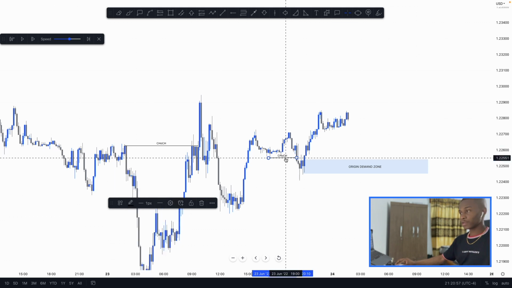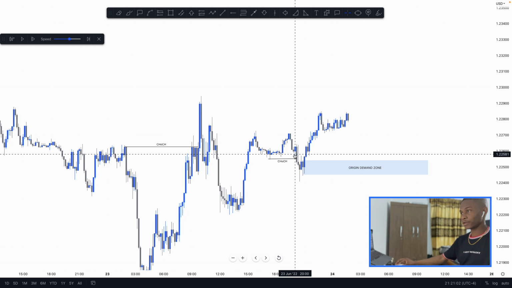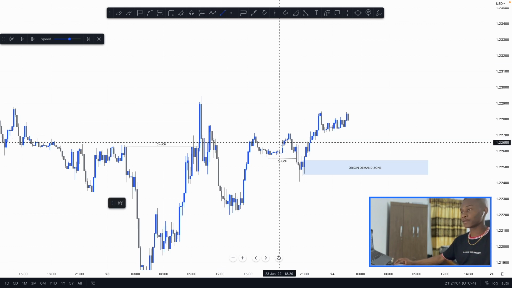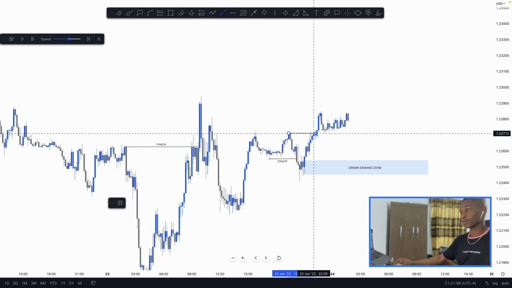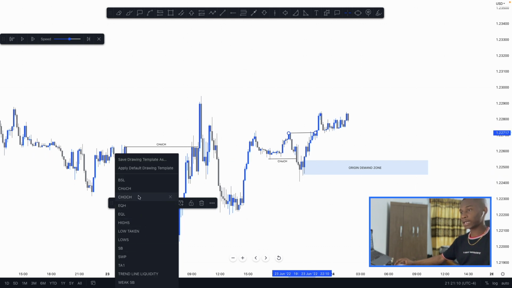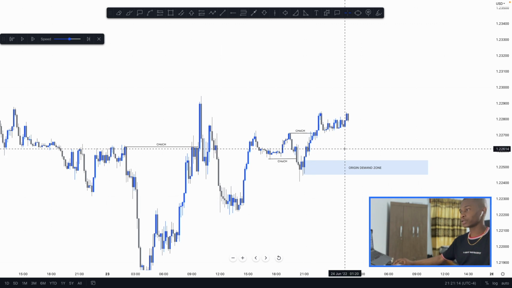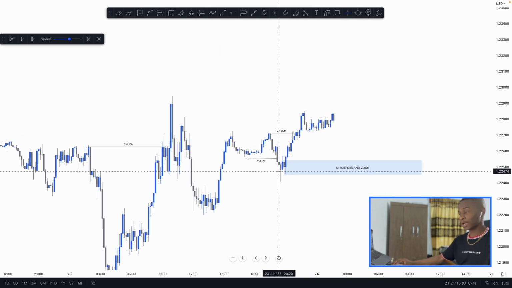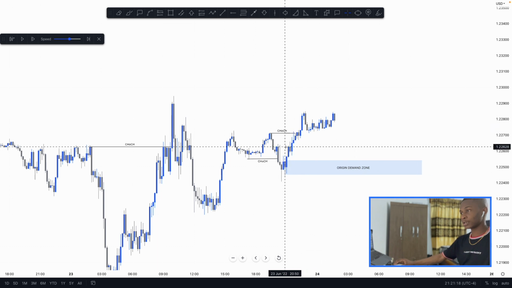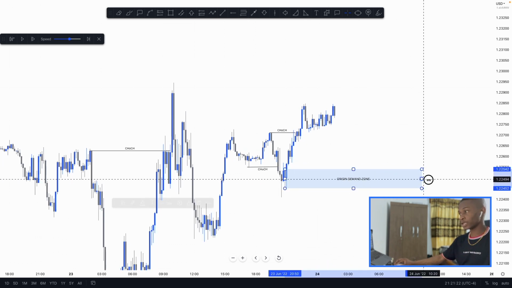Very important that we identify stuff like that, and we also realized that the market changed character back to the upside. The level responsible for that push to the upside was this origin demand zone right here.